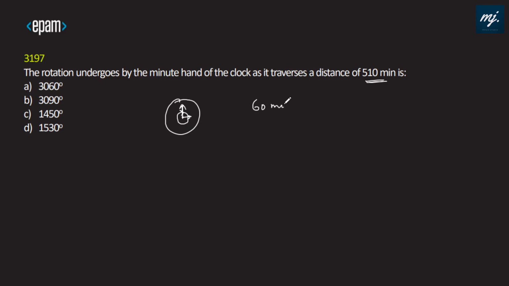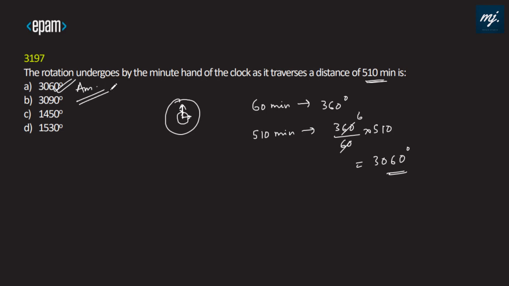So in 60 minutes, the angle traveled by the minute hand is 360 degree. So in 510 minutes, it would be 360 by 60 into 510. That would be 3060 degrees. Movement would be total 3060 degrees. That is in option A.